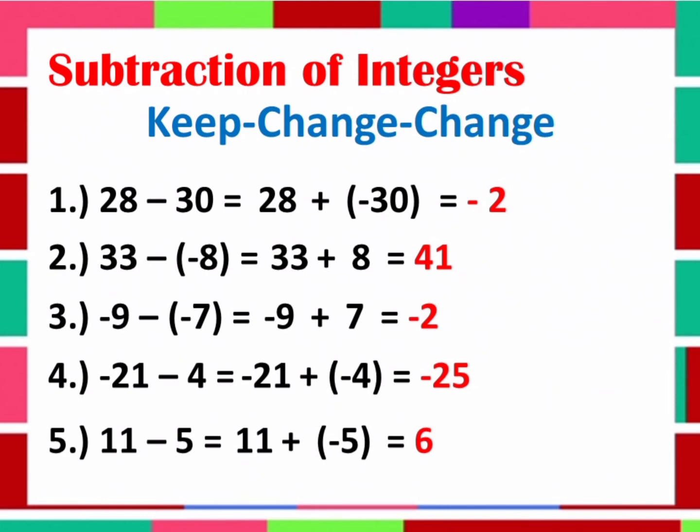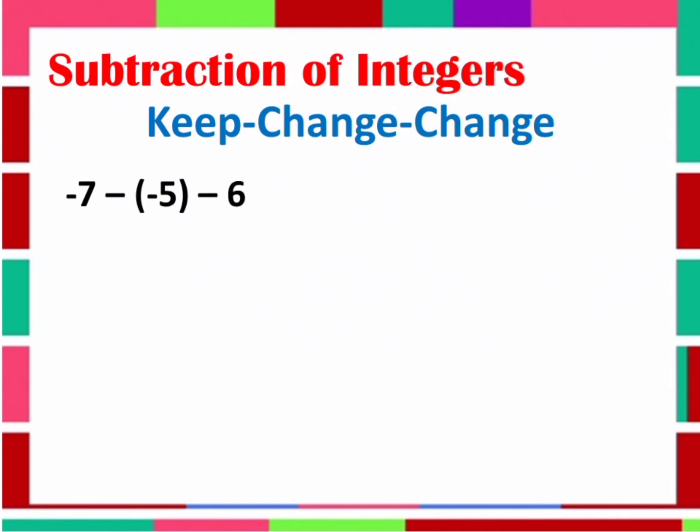Now, how about if we have more than 2 integers? It is still the same. Apply KCC. Keep the first integer, change the operation, and change the sign of the subtrahend.